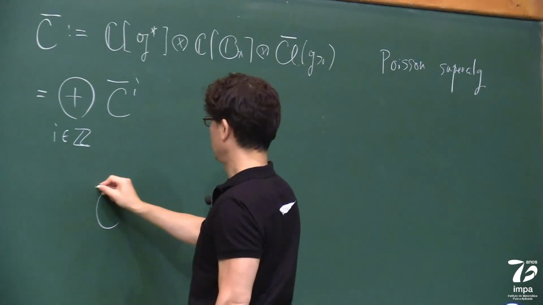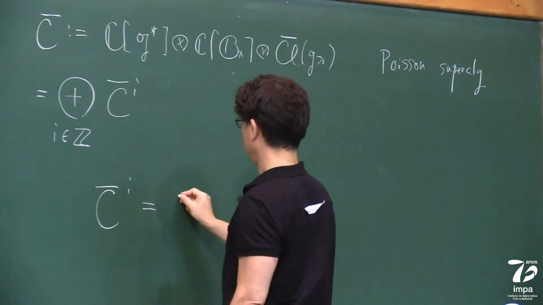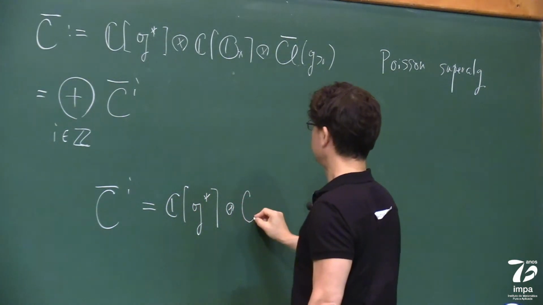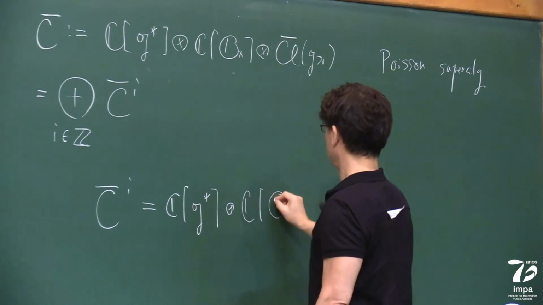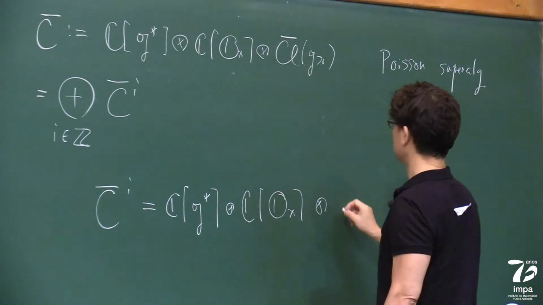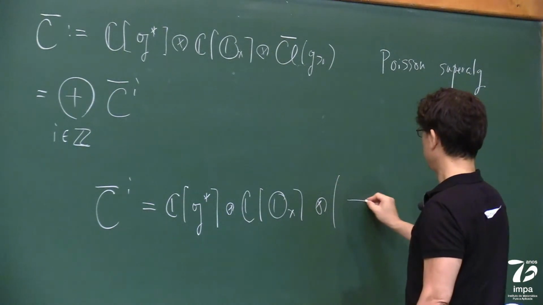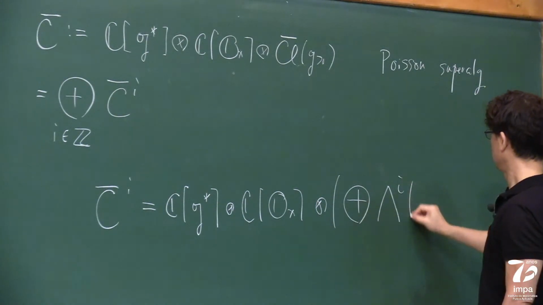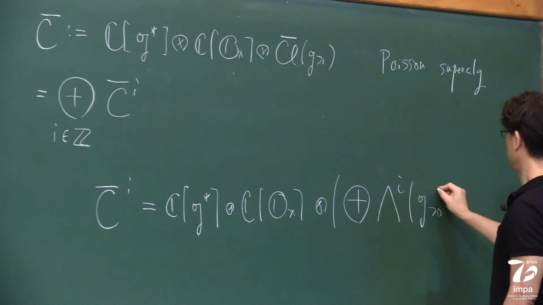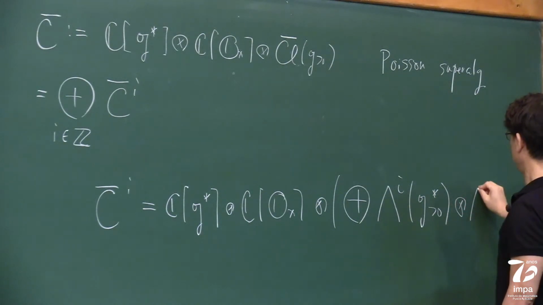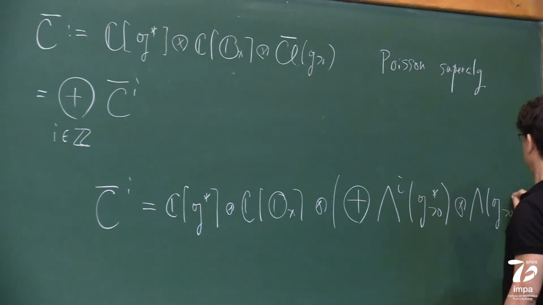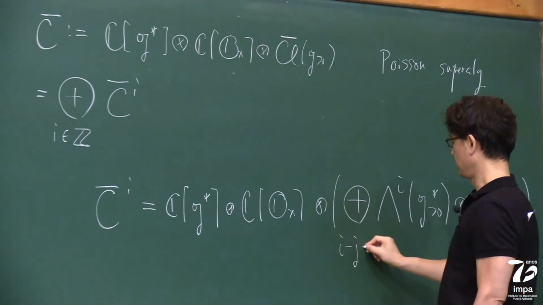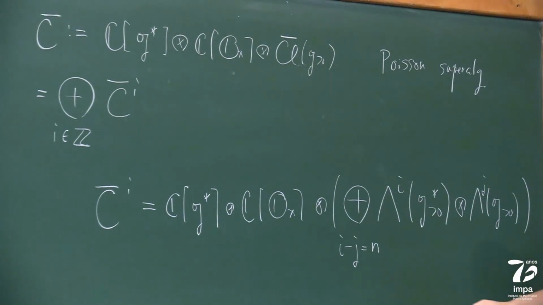So C bar n is the sum of the functions tensor Lambda^i of G positive star tensor Lambda^j of G positive, where i minus j equals n.